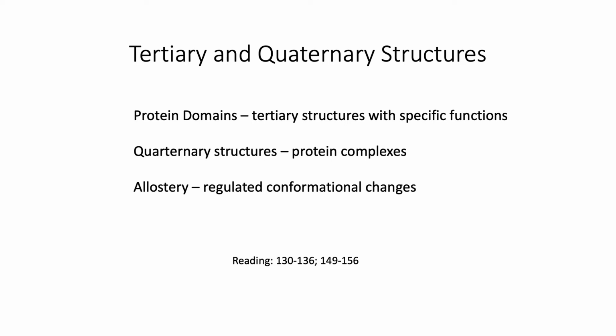But the finding is that these specific activities are independent and they're localized within specific tertiary structures. So proteins look like they are modular in their construction. So let me give you an example of what I'm talking about.